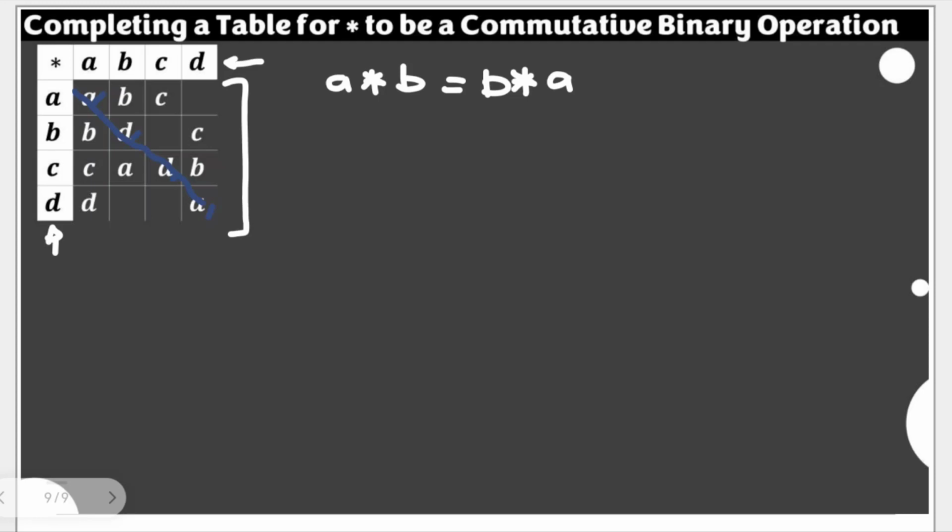After this, we would know that it's a commutative binary operation if the corresponding entries follow like this. We have here B, C, blank. On the other side, in its next column, we have B, C, D. To make sure that this Cayley table is a result of a commutative binary operation, the same entry should also be in this first row. That would mean the result here should be D, because it's B, C, D here.